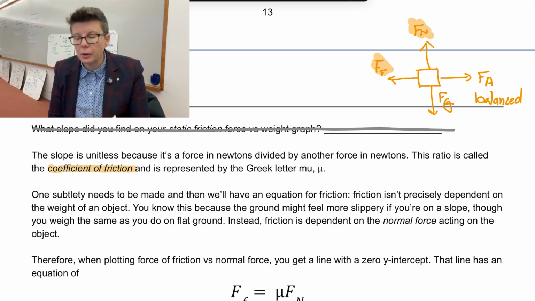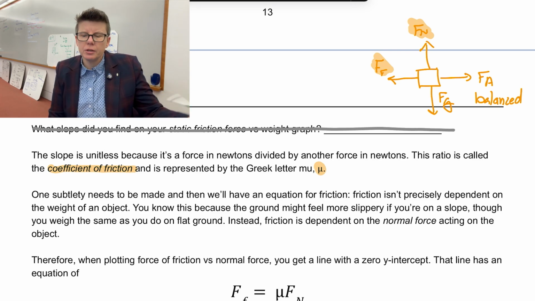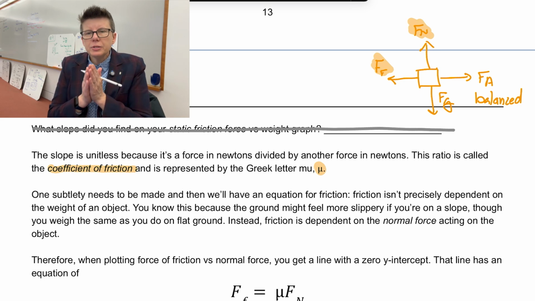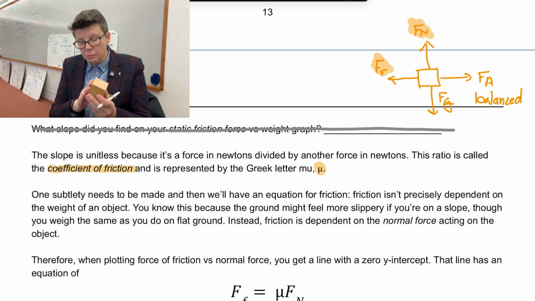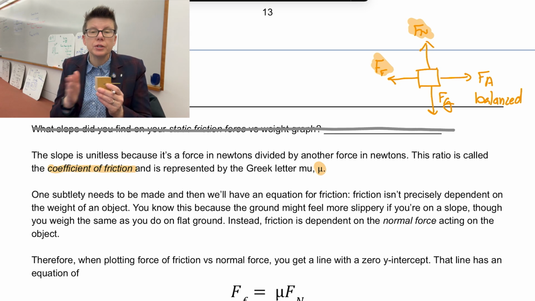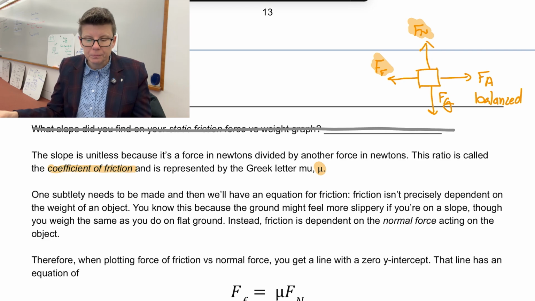We're going to use the Greek letter mu to represent it. Mu. It's like a U with a tail on the front end. That is a measurement that relates, essentially a relationship between the surfaces in contact. Mu is often a number given to you. We're going to learn how to work with that now.